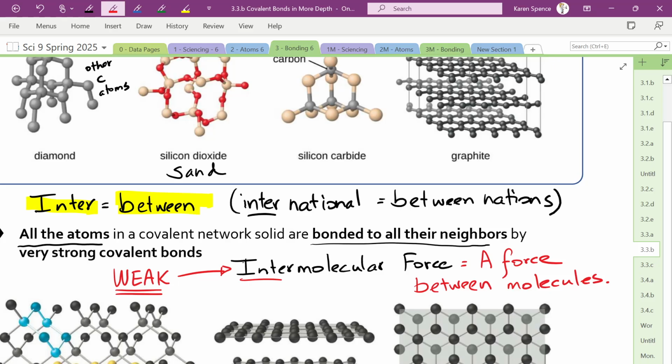So what will happen is if we press down, those will be quite strong forces, and it will actually cause these intermolecular forces to break. This layer will shear off and be left on the paper. Okay, so it's quite cool.